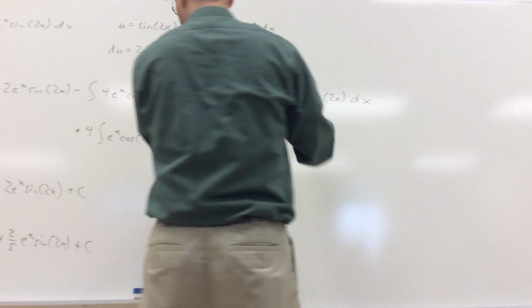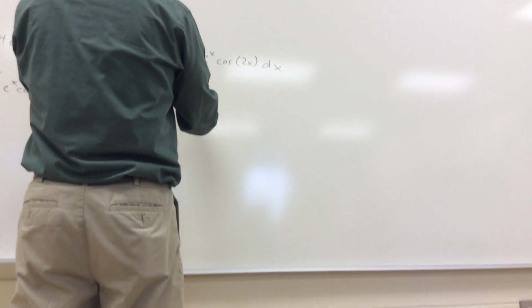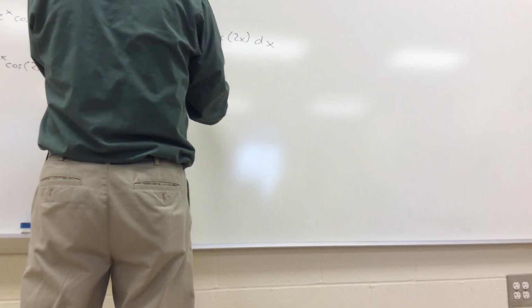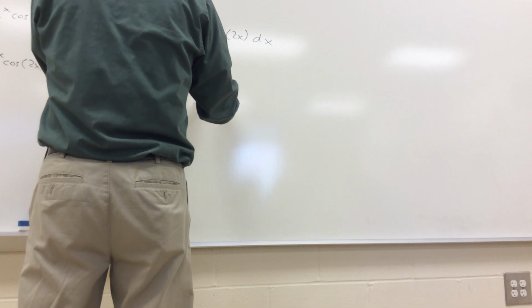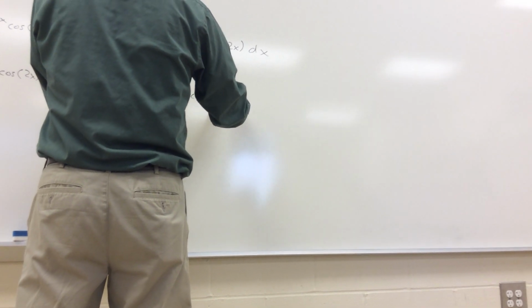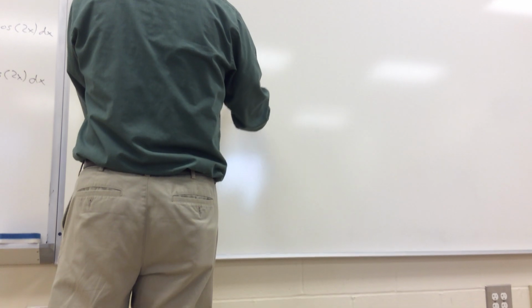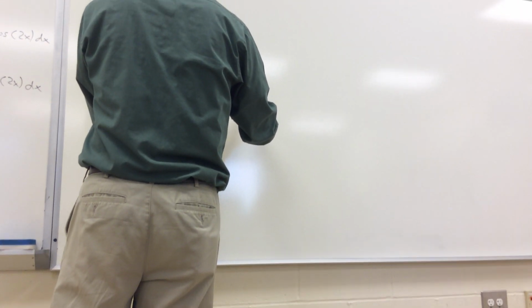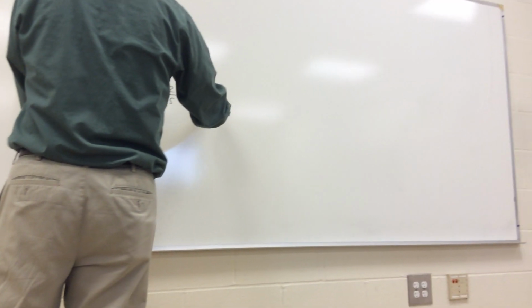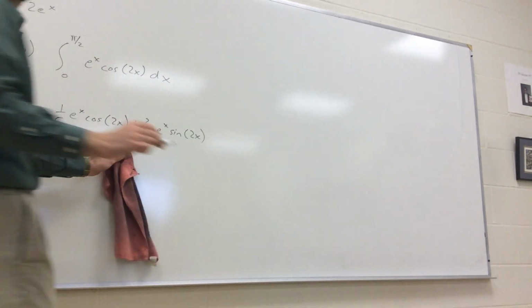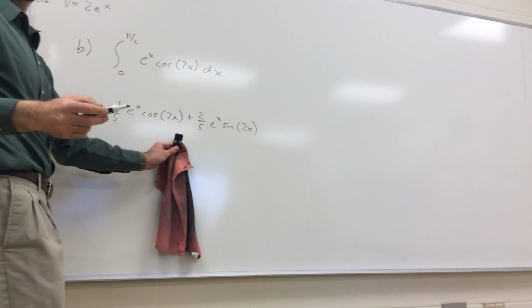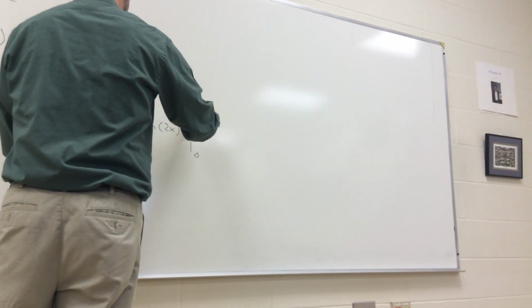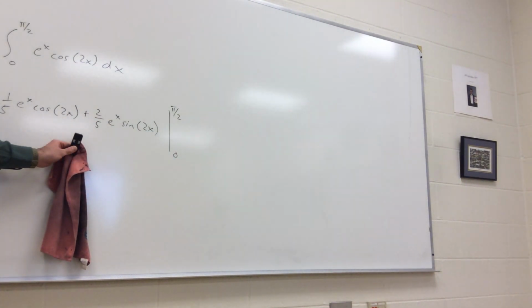Okay, so knowing that, we would then take the antiderivative, which would come out to 1/5 e to the x cosine of 2x plus 2/5 e to the x sine of 2x. So there's an antiderivative, right? And then we're going to do that line 0 to pi over 2.